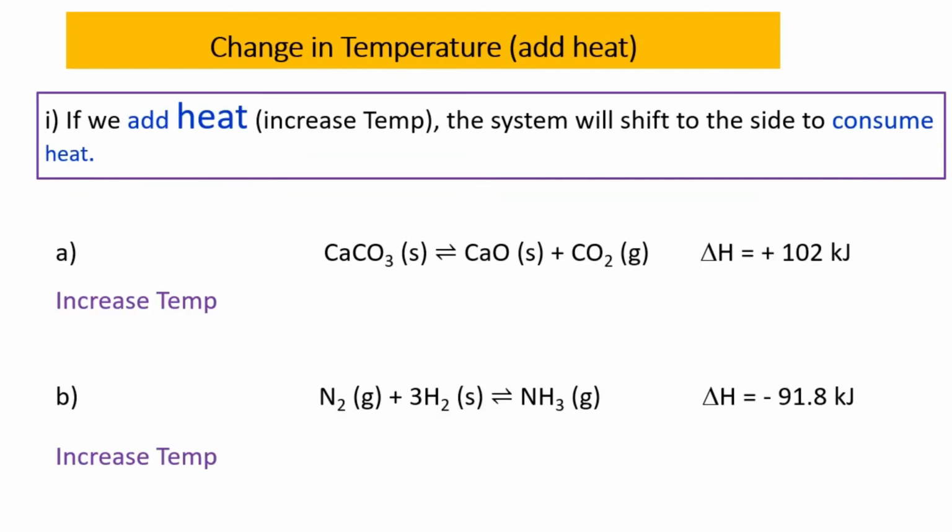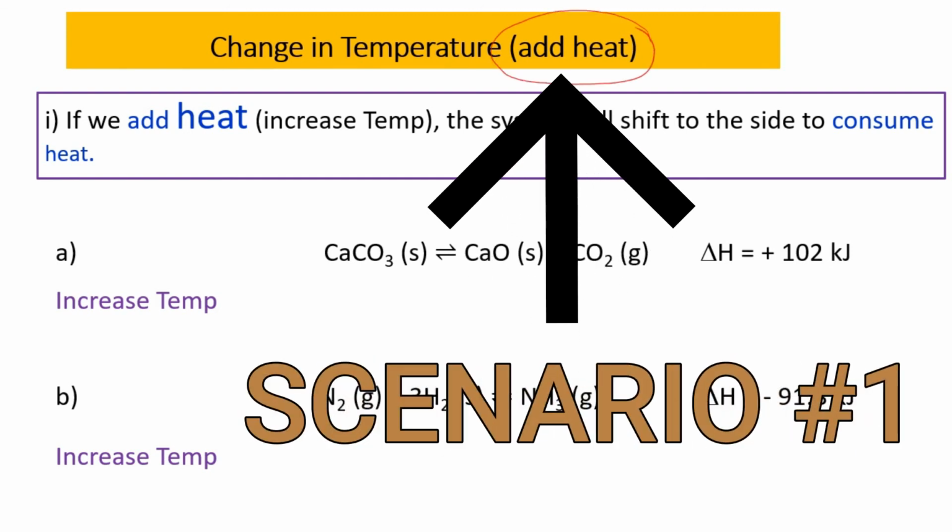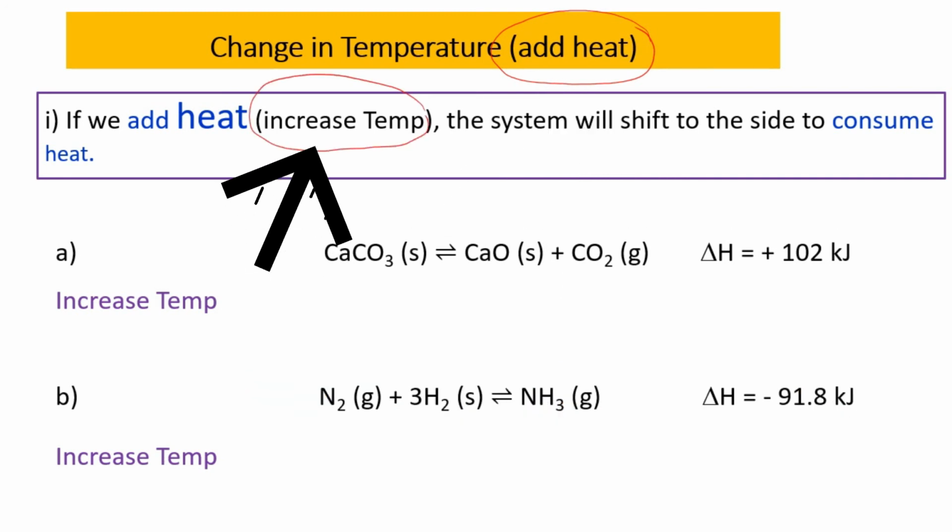Now we can look at the effect of changes in temperature on a system which is already at equilibrium. Let's look at the first scenario. If we add heat, meaning that we increase the temperature, we are giving a lot of heat to the system.